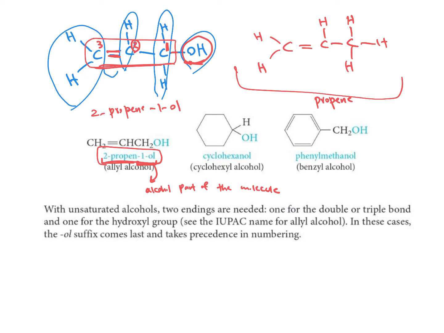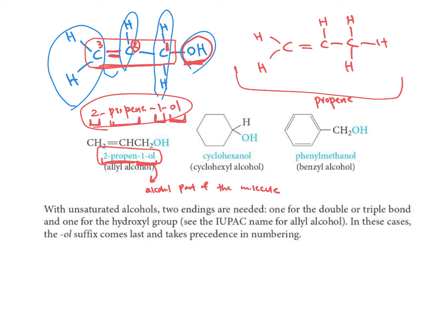If someone writes this, I'm not going to deduct points from them. As long as you know we write the OH as ol at the end, and then the carbon number that OH is attached to, and then the carbon number that the double bond is attached to, and then the name of the compound. Does that make sense? Questions?